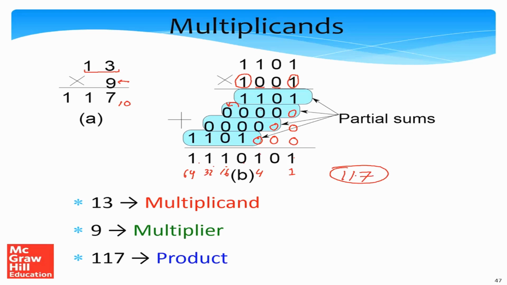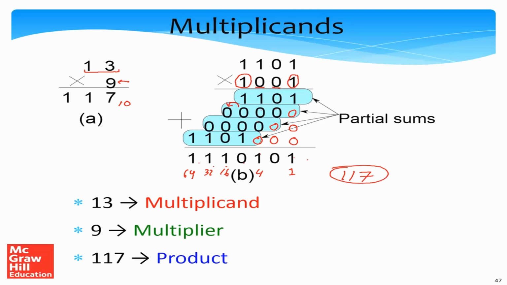So we clearly see that if we multiply the same numbers in binary, we get the same result, which is 117, and in this case we get the binary representation of 117, which is 1110101. You see that multiplying numbers in base 10 and base 2 is exactly the same, and we also get the same result.